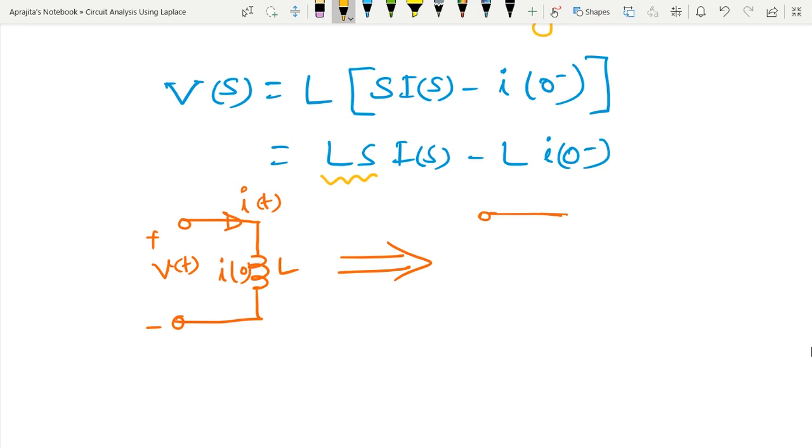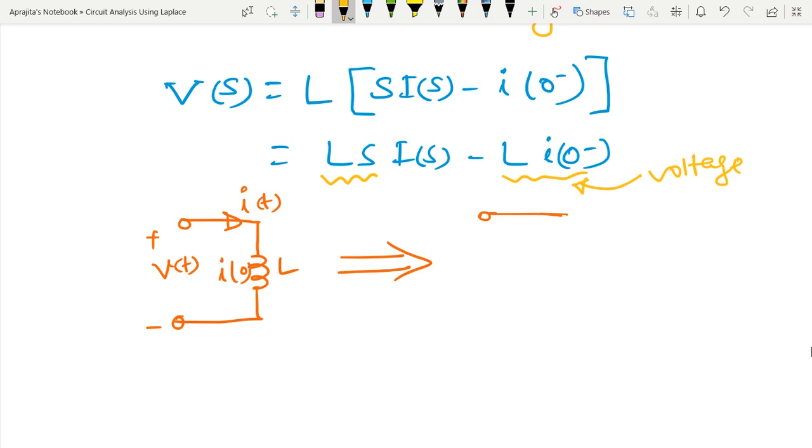So in place of R, I have to write s into L. So you can think that Ohm's law is applicable here, and after that you can see that this is a voltage, so L into I0 also represents a voltage. The negative sign is there, so the polarity is opposite. Due to that reason I am going to draw it, so this is also some kind of voltage.